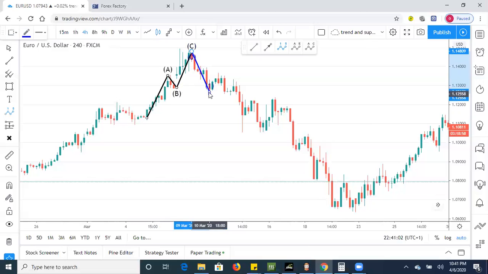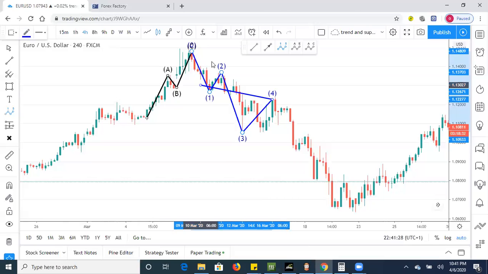Once structure is broken, we simply want to wait for a fresh trend to be established. And now we have 0 to 1 to 2. Then we had 2 to 3. 3 to 4. Right now we have 2 highs and 2 lows.